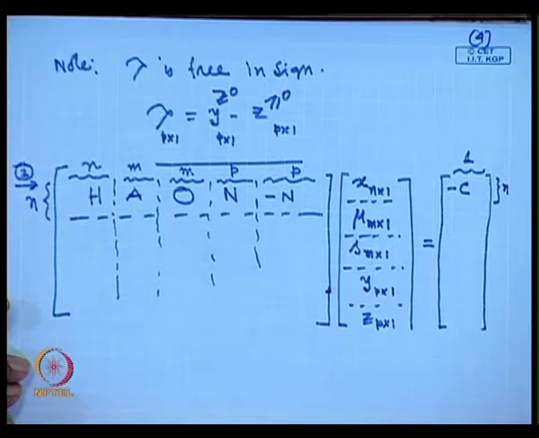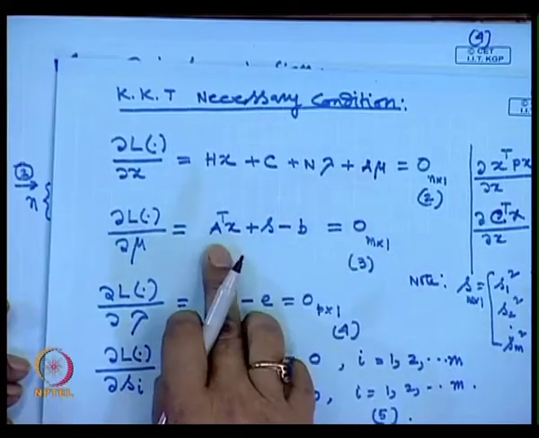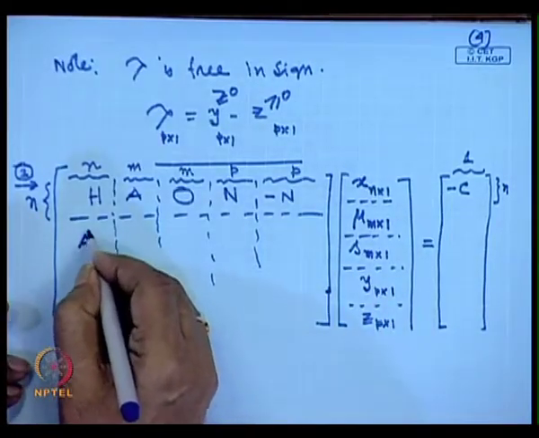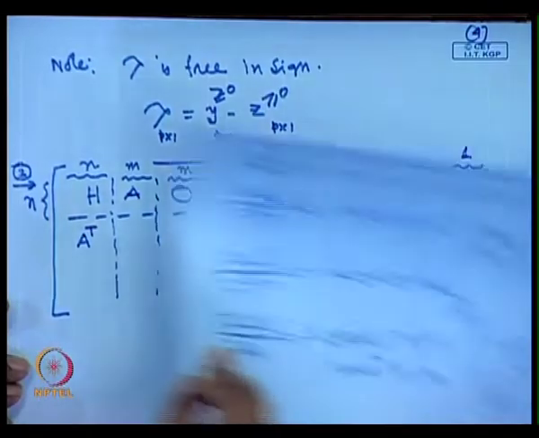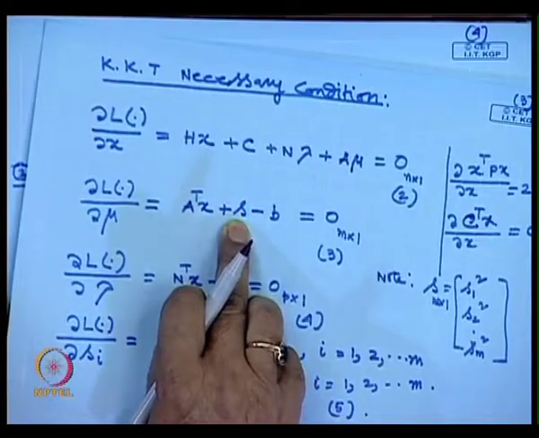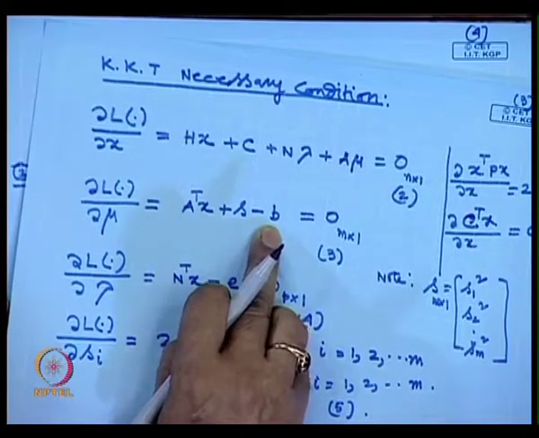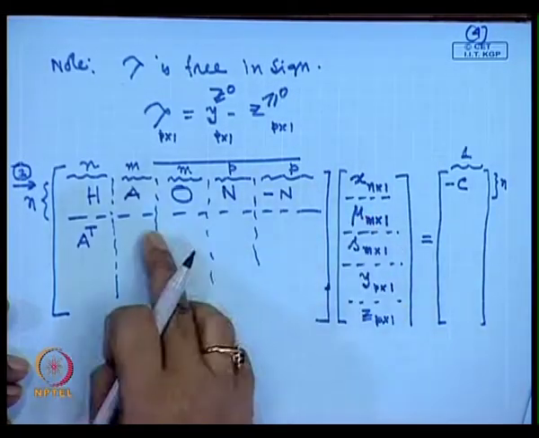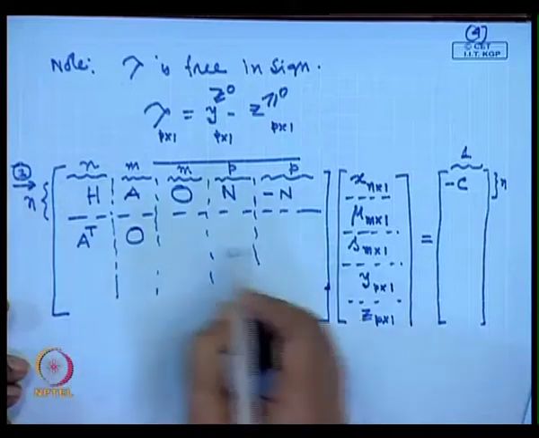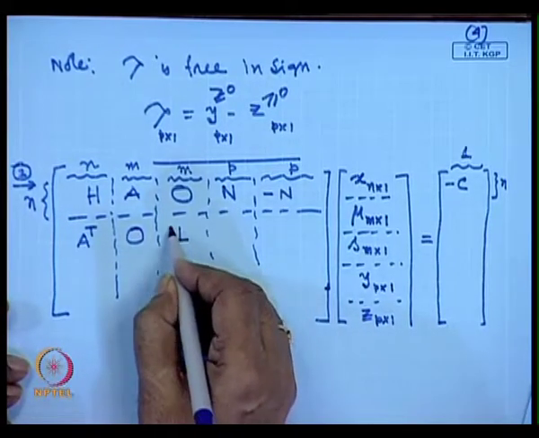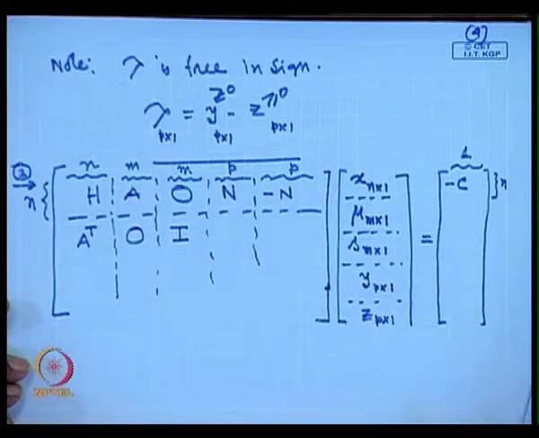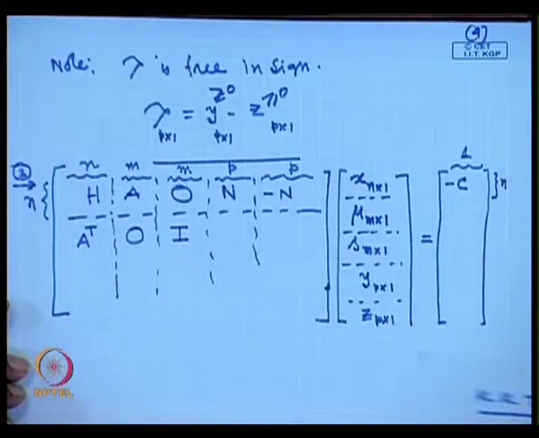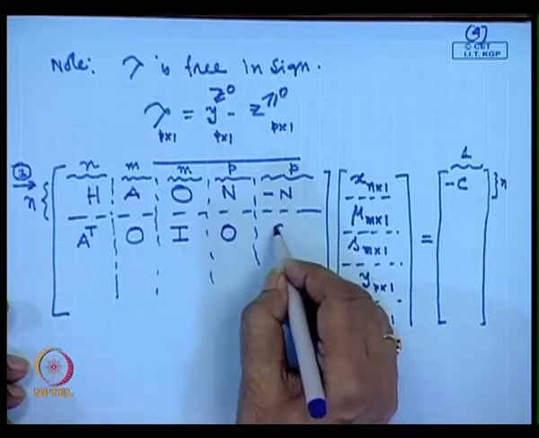Okay. Now, write the second equation, A transpose x. So, x corresponds to A transpose. Then you see there is an s, and this is the constant term from the description of the problem, which you take on the right hand side as b. So, the next component for s is 0, then it is I into s, because s into I I can always write as I into s, and the other terms are 0, 0.